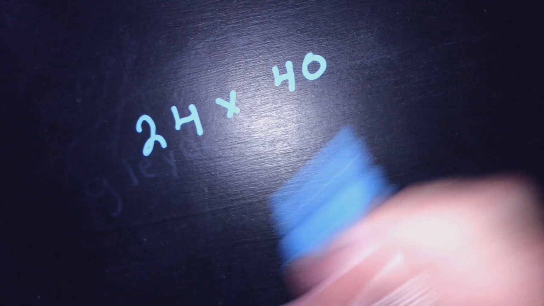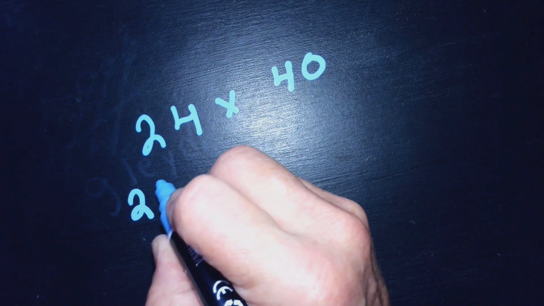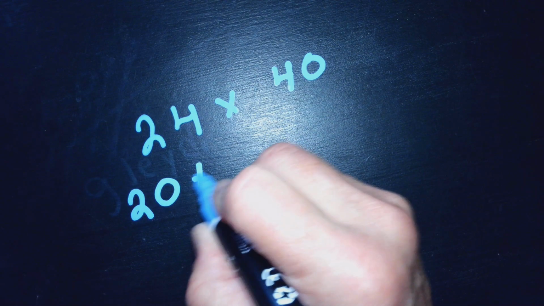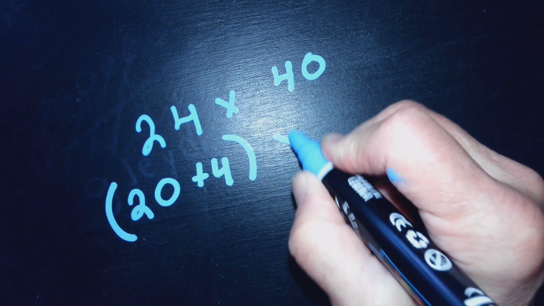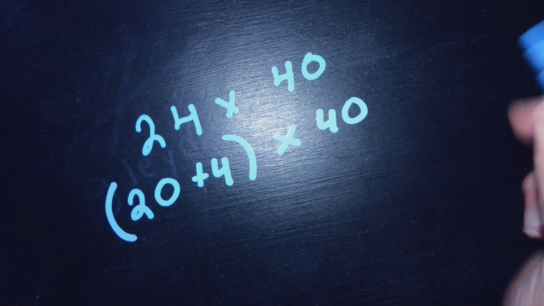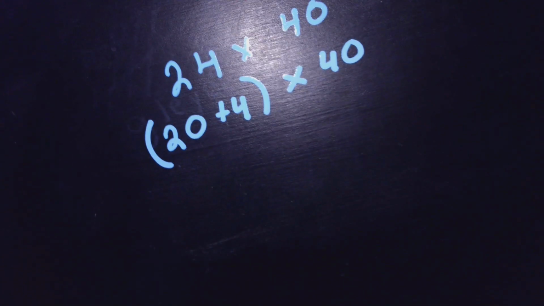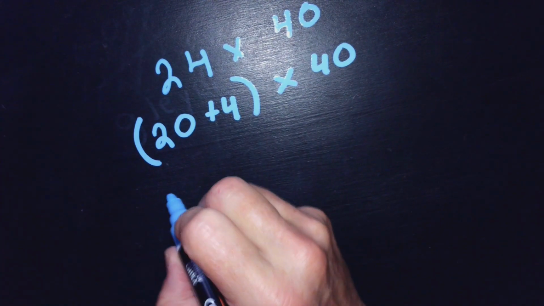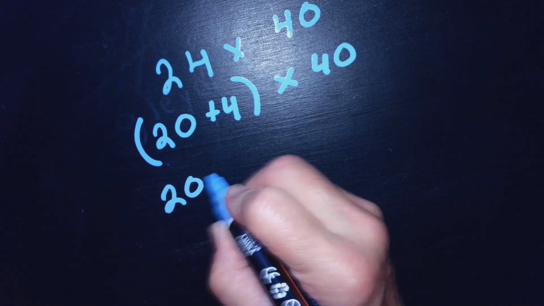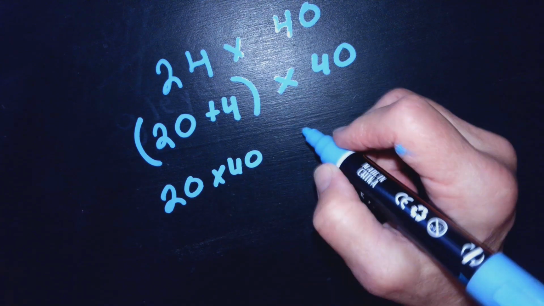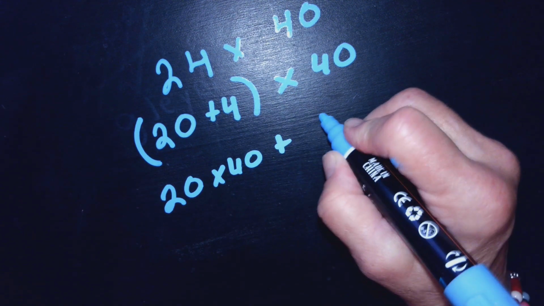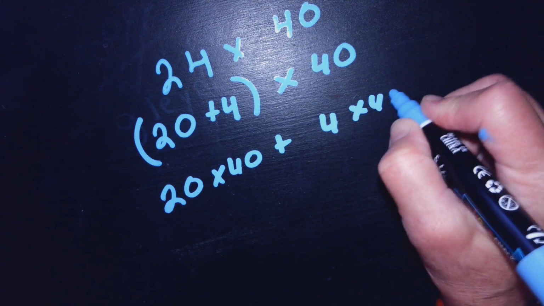The last time we broke it down into 20 plus 4 times 40. And then we multiplied every one of our place values. We did 20 times 40, and then we did 4 times 40.